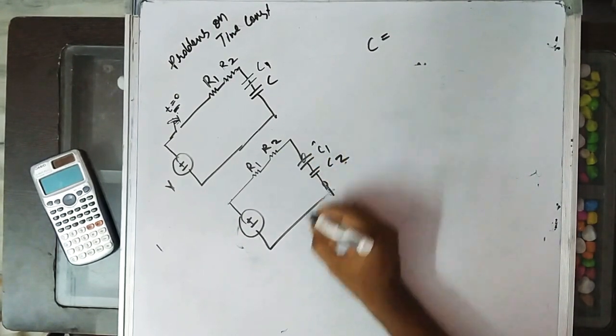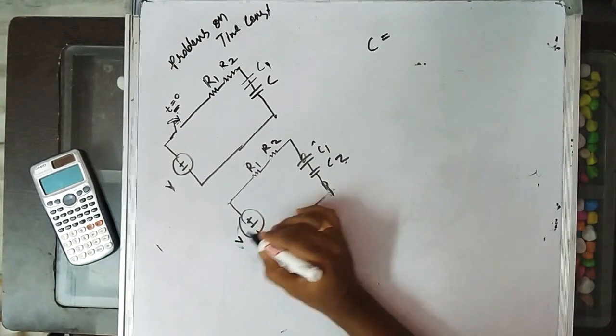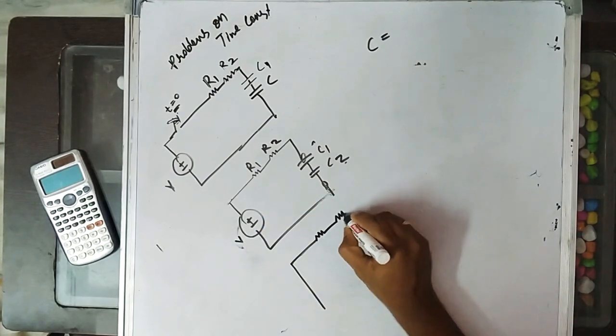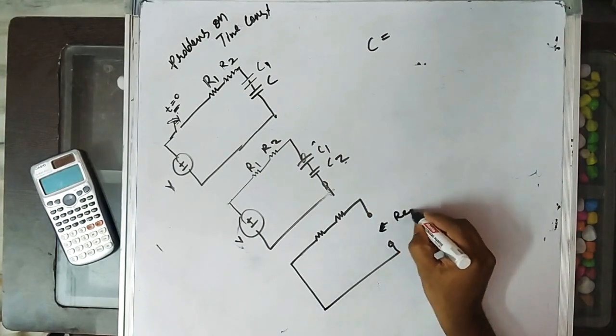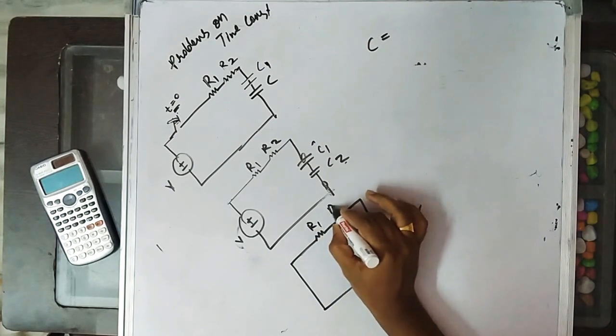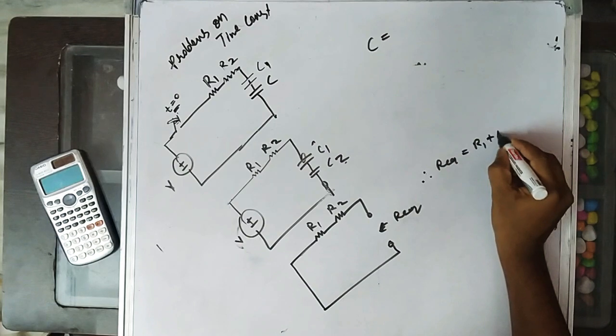We turn off the voltage source so it is shorted, keep the resistances, remove the capacitors, and it looks like this. That is R equivalent. This is R1, this is R2. So R equivalent equals R1 plus R2.